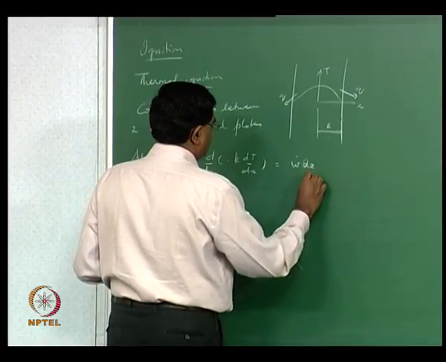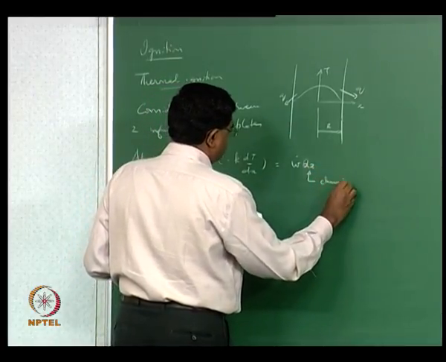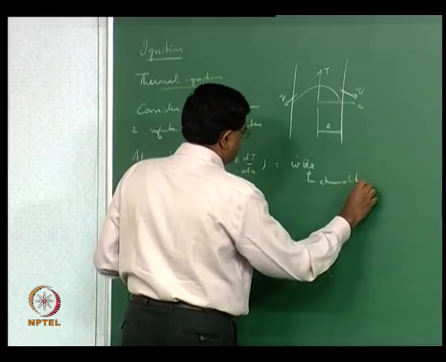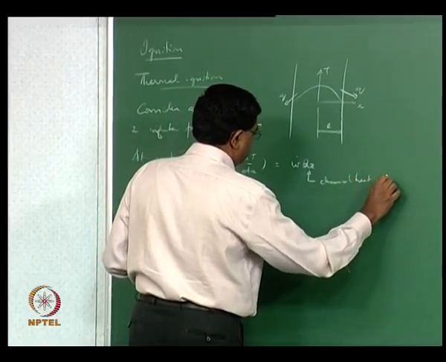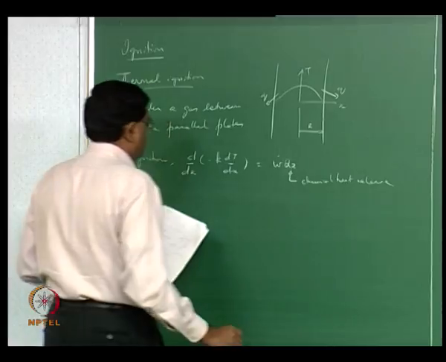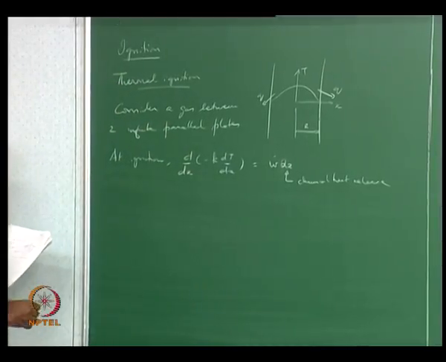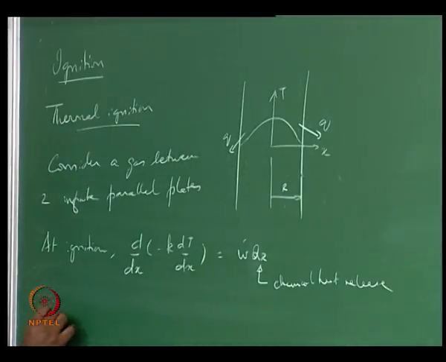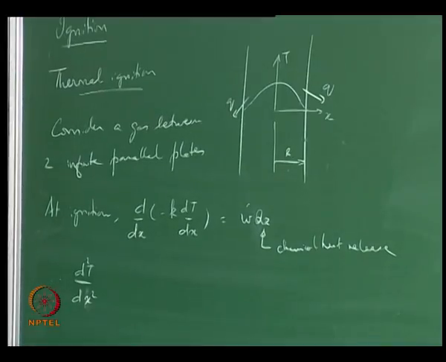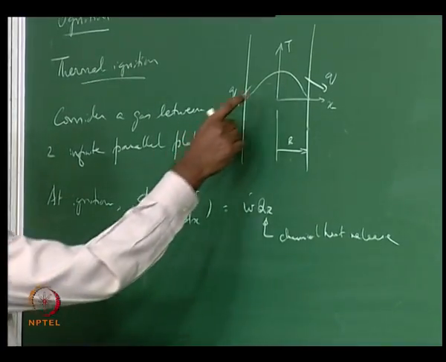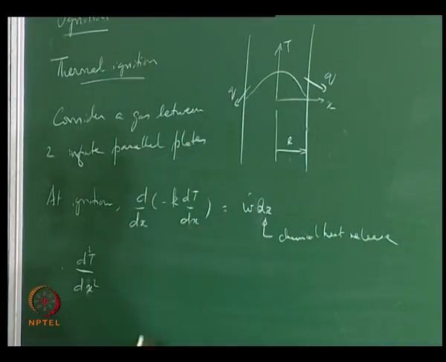So this is the chemical heat release, or the heat of reaction, and therefore you could say d squared T over dx squared, which is the conduction heat loss, and that's equal to the chemical reaction rate, right.